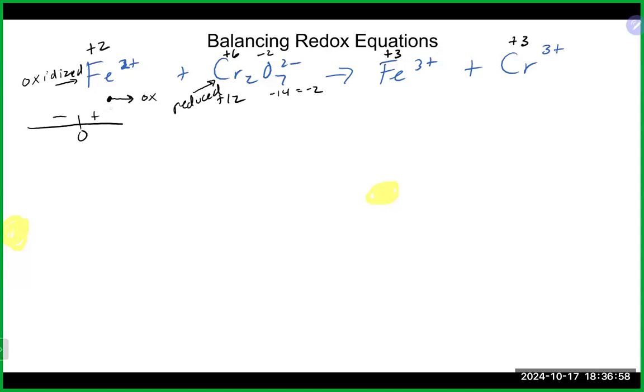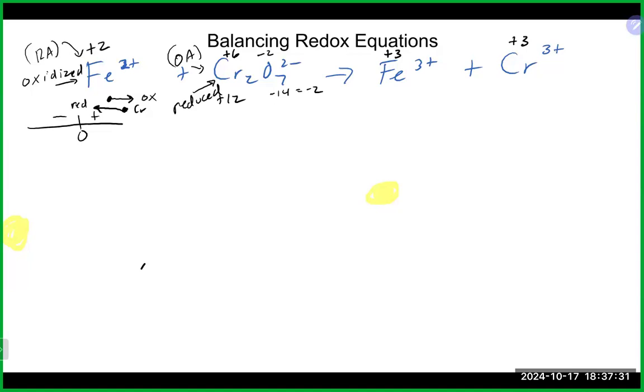I know that because if I look at the chromium, it starts at +6, which is over here, and ends at +3, which is moving to the left, becoming more negative and being reduced. That would mean in this case, my oxidizing agent is the chromium, or the dichromate, and my reducing agent here is the iron 2. Any questions on that?